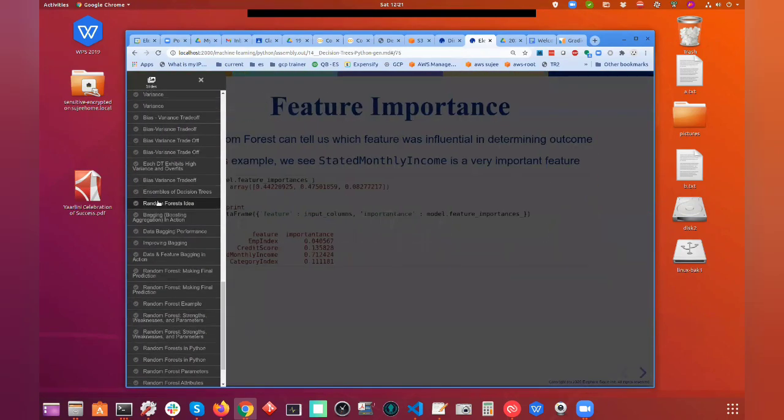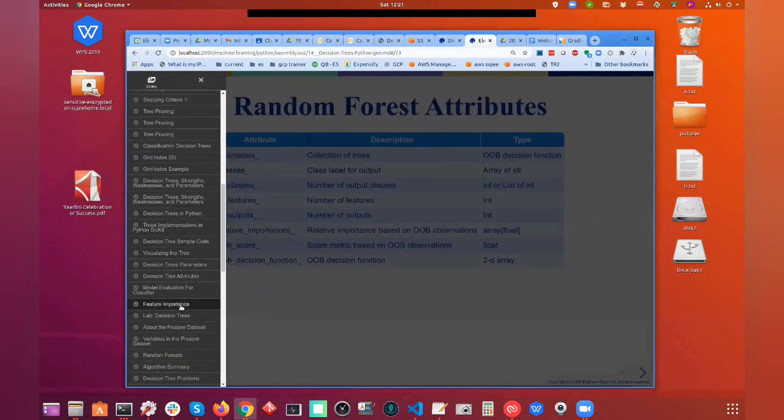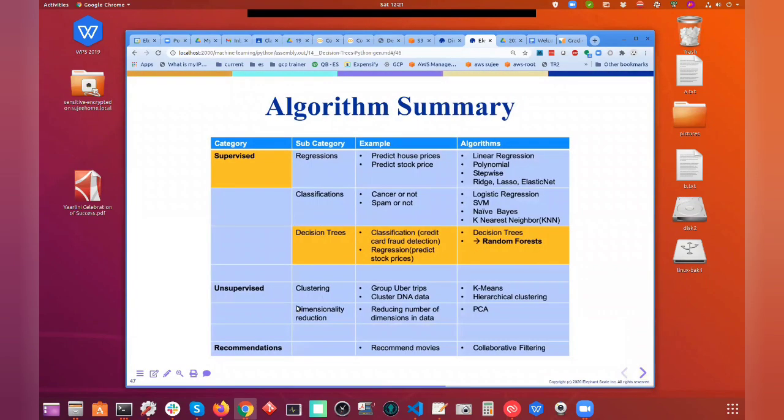Let me make sure we all understand where we are, the big picture. We are doing the trees. You did decision trees already and understand the basics of trees. This week we are going to do random forest, an ensemble method, and boosted trees. All right, any questions?